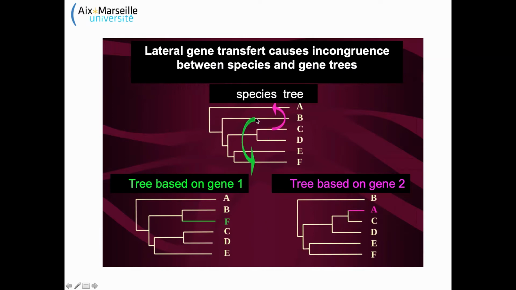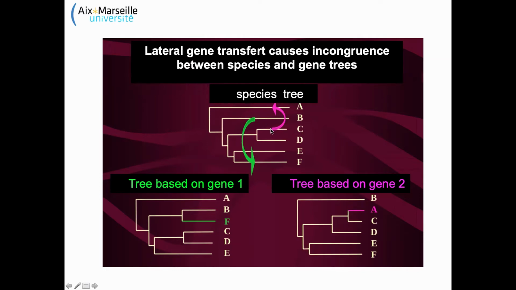And then the B gene from gene 1, which moved to the F species, you will find that the B gene here is very close to the F gene, since this one moved to that species. That's why in the trees here, they share the same common node. And when you find that, it's a sign of horizontal gene transfer or lateral gene transfer.